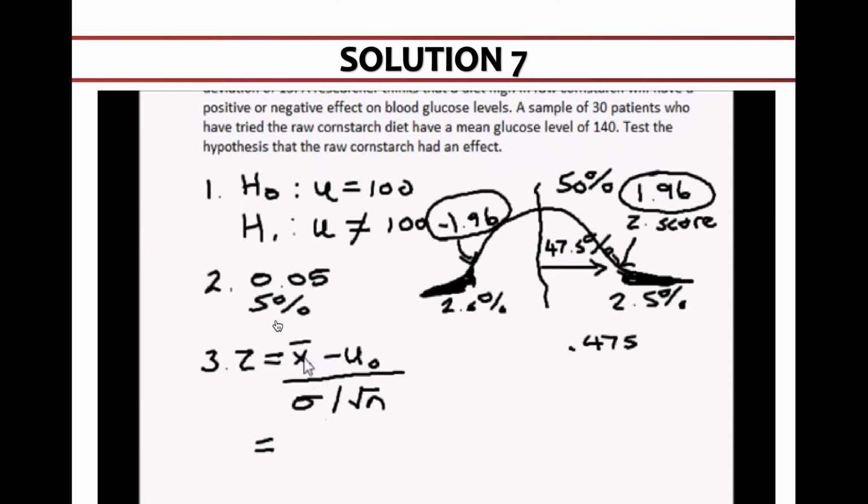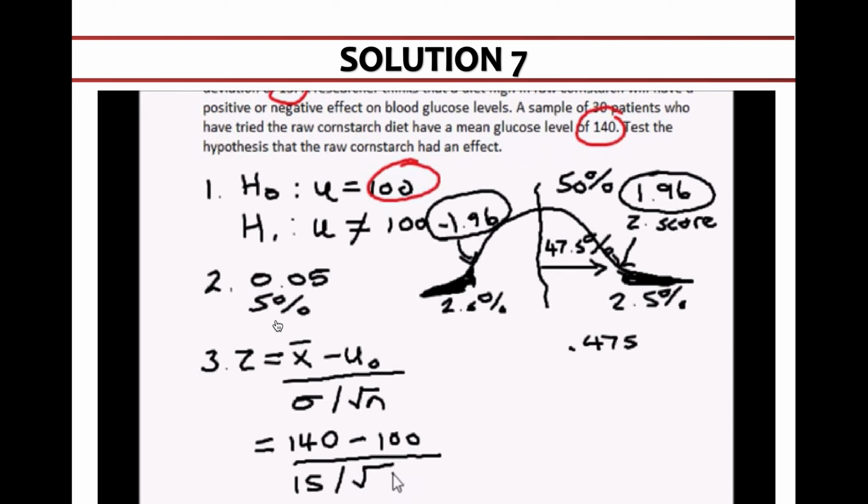My x bar, my sample mean, was given in the question as 140, minus my population mean, that's 100, divided by the standard deviation, 15, divided by the square root of the sample size, which was given as 30.